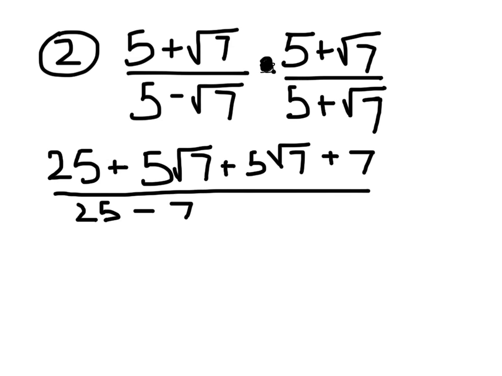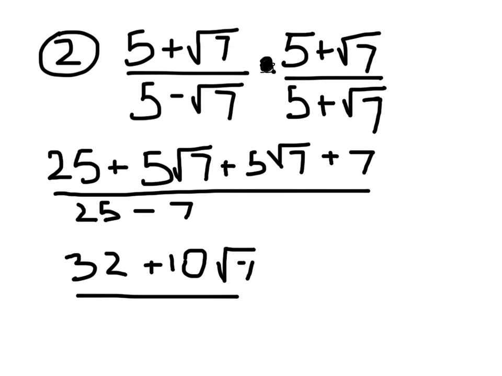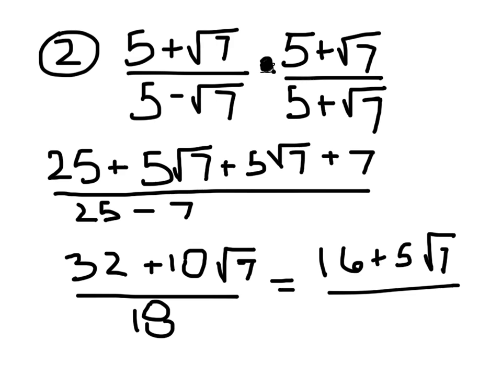I can simplify the numerator into 32 plus 10 radical 7, and the denominator would be 18. Each of these terms is divisible by 2, so 16 plus 5 radical 7 over 9.